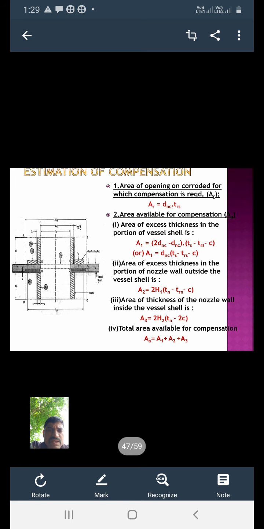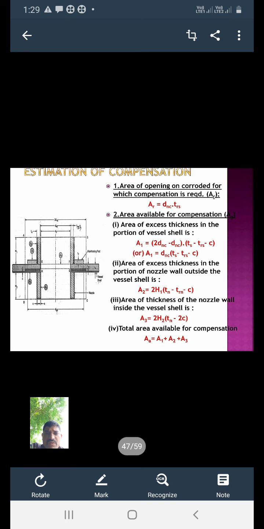Okay, A1 is equal to 2 DNC minus DNC into bracket Ts minus TRS minus C, or you can take DNC as common, then you will get A1 is equal to DNC into Ts minus TRS minus C. Okay, this equation you will get. Then next, the area of excess thickness in the portion of the nozzle wall outside the vessel shell is.